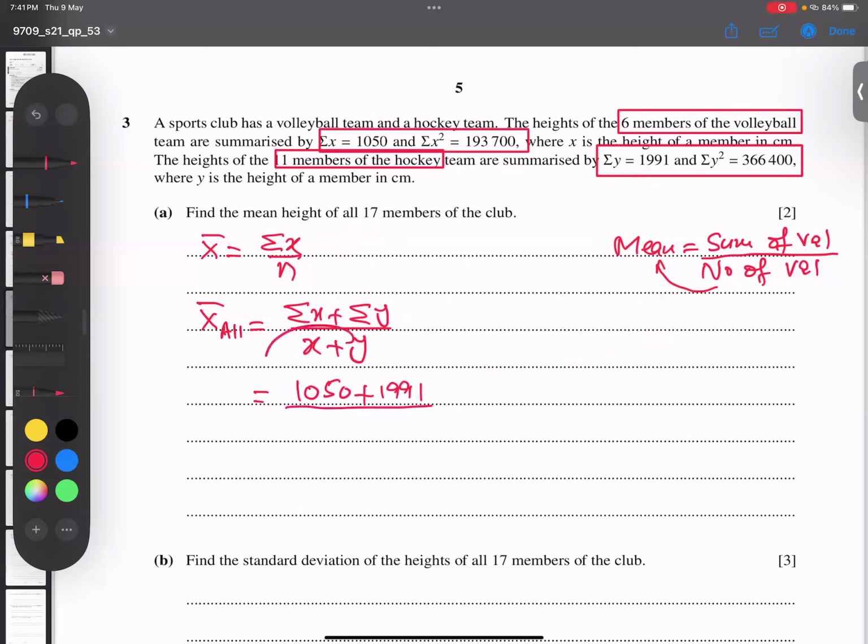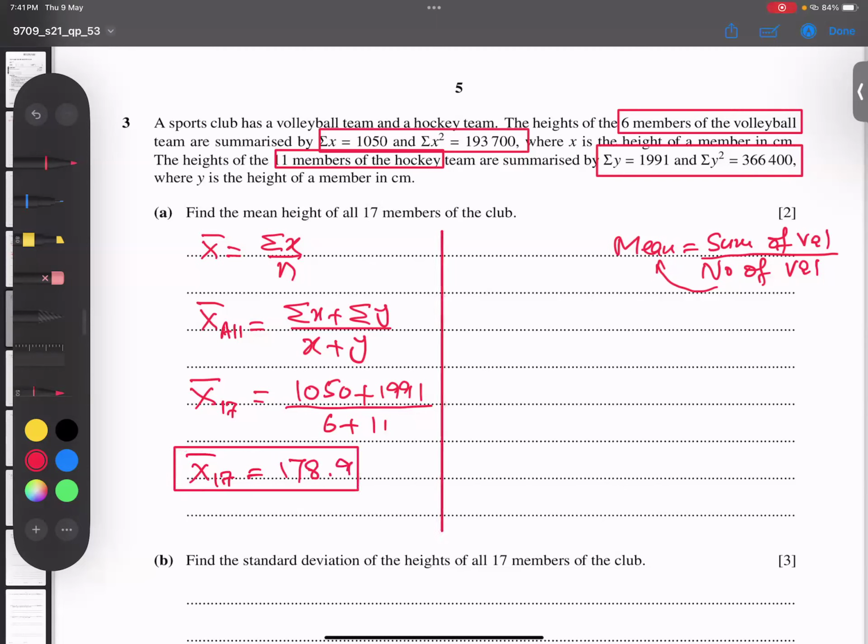And divided by how many players, 6 and this 11. So 6 plus 11 becomes 17 players. I write 17 even, no problem at all. So the mean of 17 players, if I add them and divide by 17, I get 178.9. This is the mean of all 17 players.